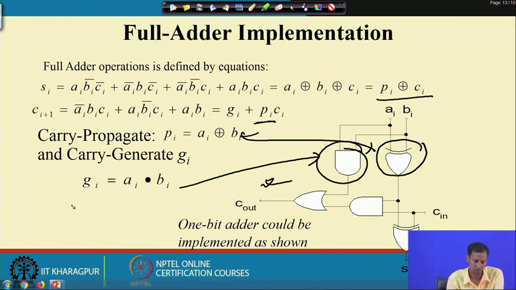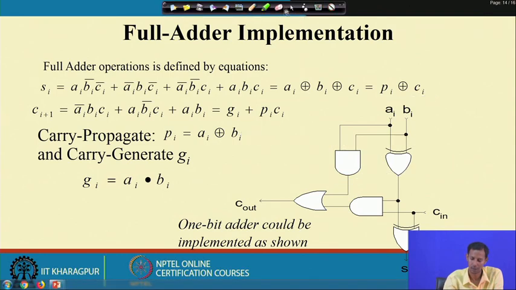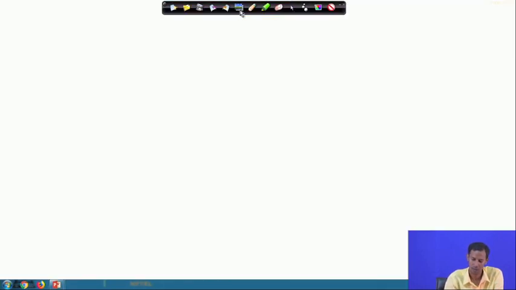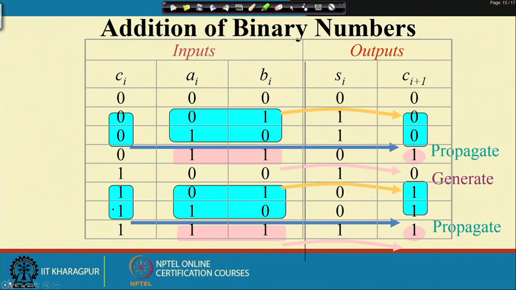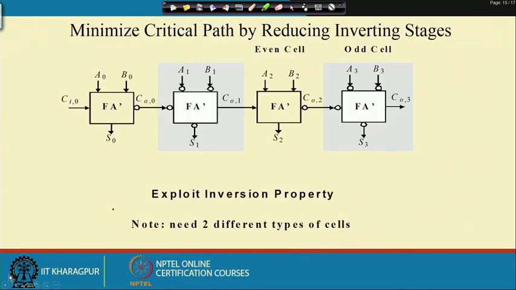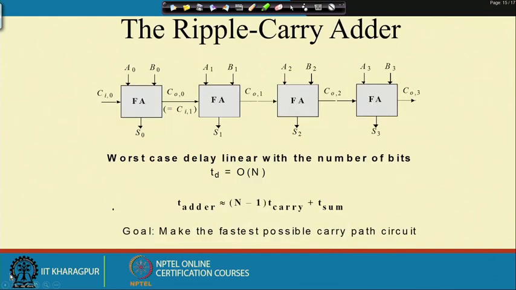If I just go back to the slide, at this particular point, unless and until this C0 is computed, I cannot start the operation of this A1 B1.